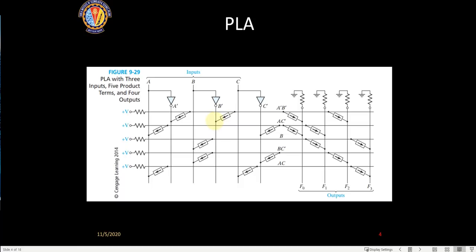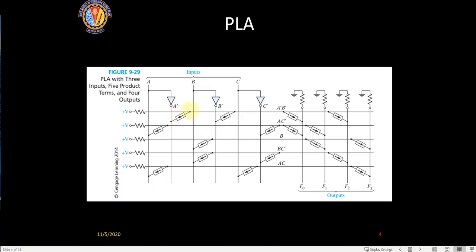The AND line is when B is 1, right? Suppose B bar, this particular line, since there are two lines connected, it is known as A bar and B bar. Now we try to analyze why it is known as A bar and B bar, right? Because you are giving a VCC out here. When A bar is high, this is like a diode kind of thing, it is not going to transmit here, it's a fuse link.